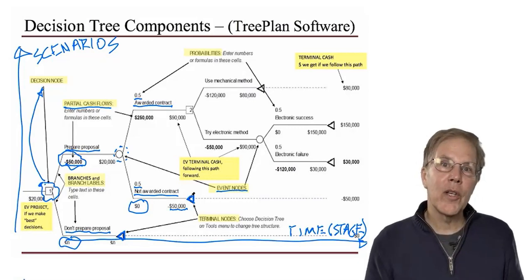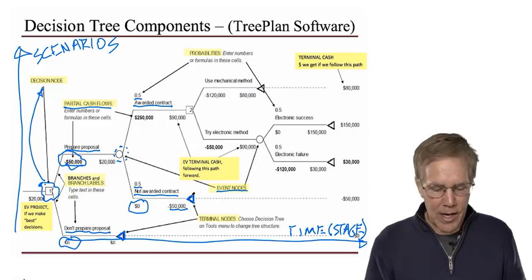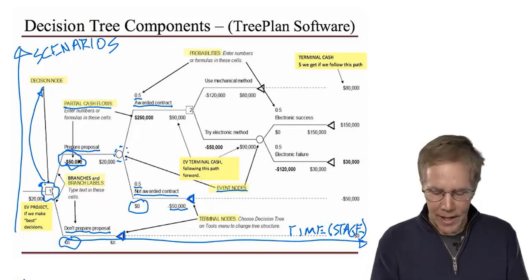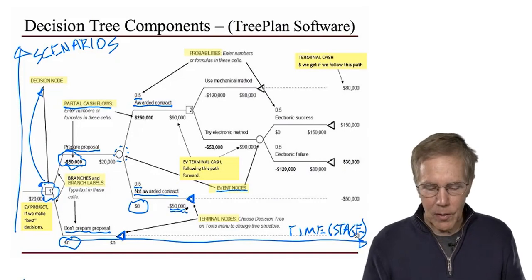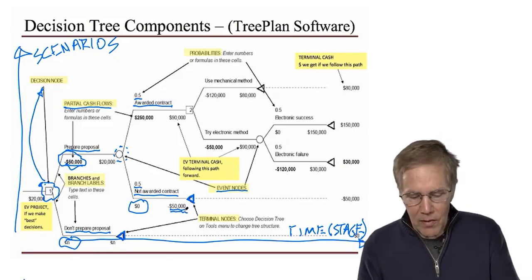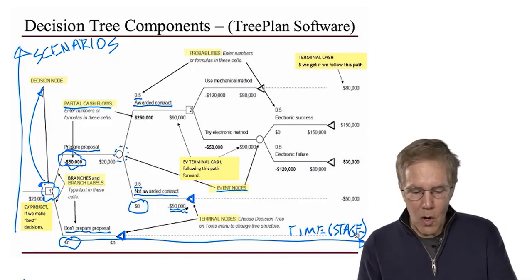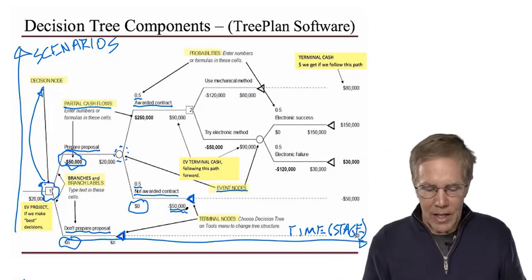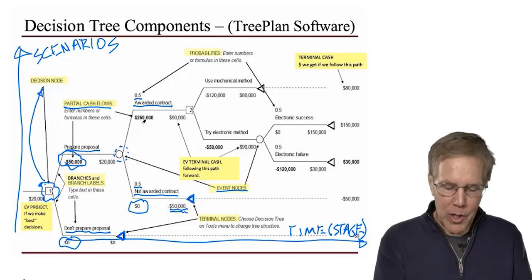So what do we wind up with net? Minus 50,000, because we spent 50,000 to prepare the proposal, we didn't get it, and now we're winding up with our minus 50,000.